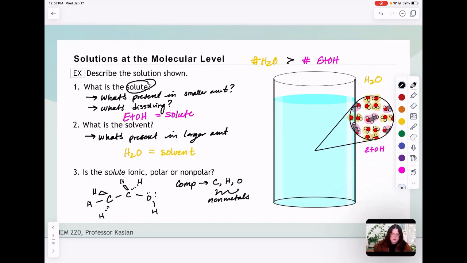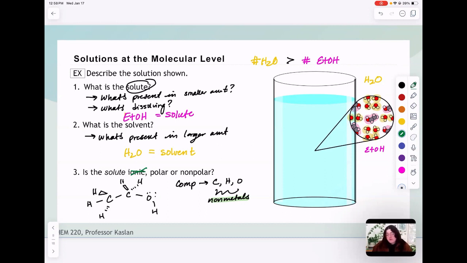So we know that we cannot be ionic because we are composed of only nonmetals. And now the question is, is our solute polar or nonpolar? You can think about this in a couple of ways. One, was it dissolved by a polar solvent? Yeah, we know that water is polar. So if we're following the like dissolves like rule, then our solute must itself be polar as well.